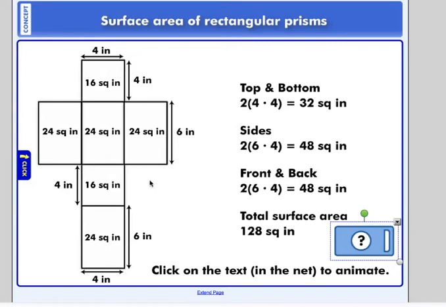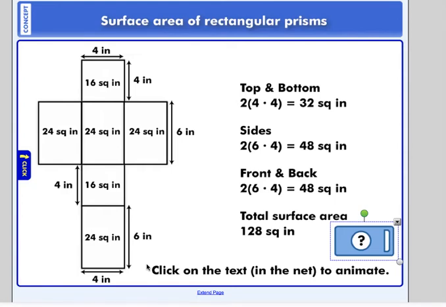And so really drawing yourself a net of the prism is a great idea, and then you can actually write in the area of each piece like this, and then just take your calculator and add this up. 16 plus 24 plus 24 plus 24 plus 16 plus 24. And that is one good way to make sure that you don't forget any of the sides.